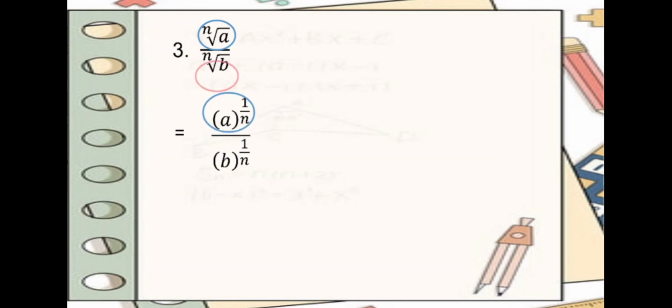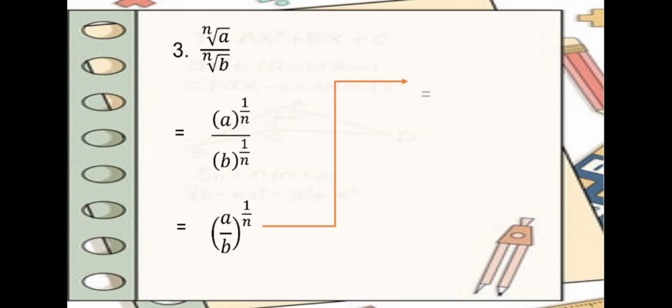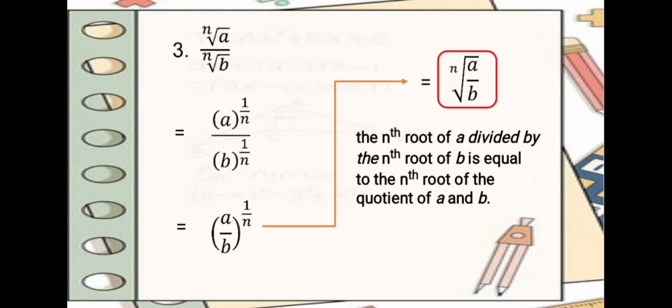And then, yung denominator natin, naging quantity B raised to 1 over N. After that, it becomes quantity A over B raised to 1 over N. Next, magiging nth root of A over B. Therefore, the nth root of A divided by the nth root of B is equal to the nth root of the quotient of A and B.